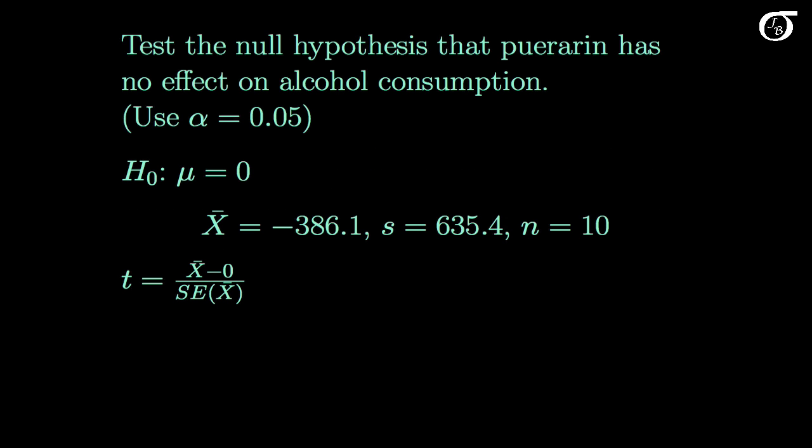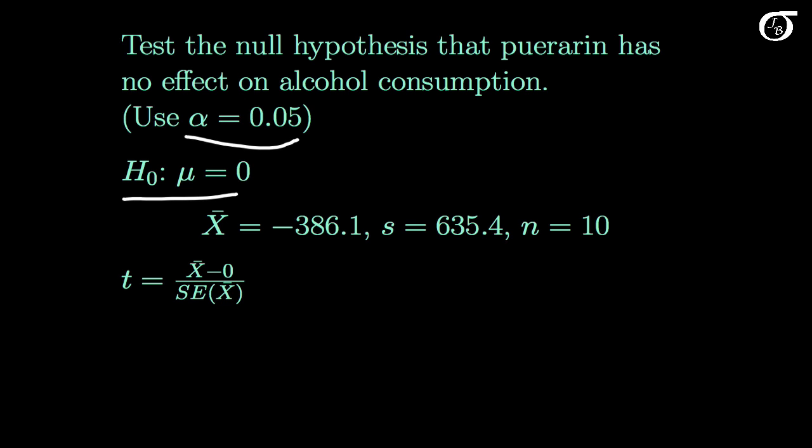Let's test the null hypothesis that puerarin has no effect on alcohol consumption, which symbolically is that mu, the population mean difference, is 0. And suppose we feel that a significance level of 0.05 is appropriate for this particular problem. The null hypothesis is that puerarin has no effect. But what is an appropriate alternative hypothesis? Well, as is often the case, that's debatable.